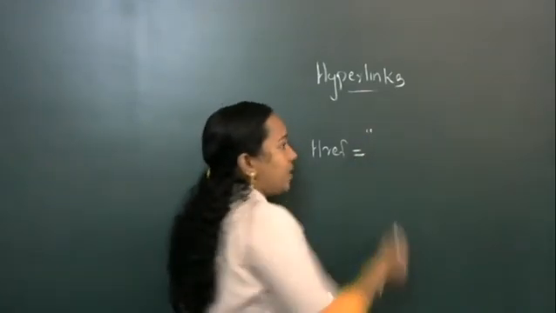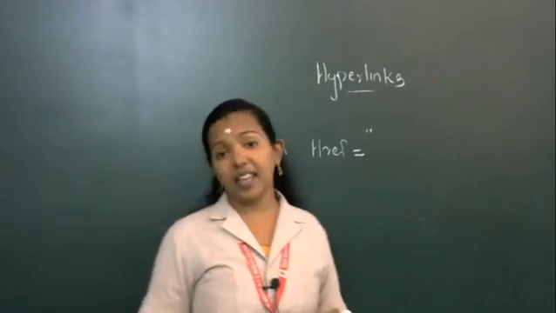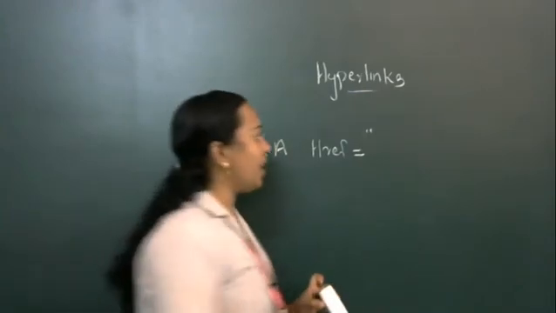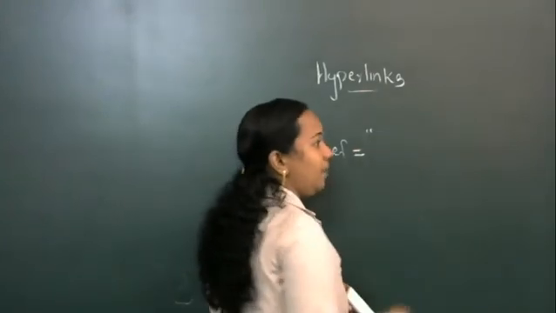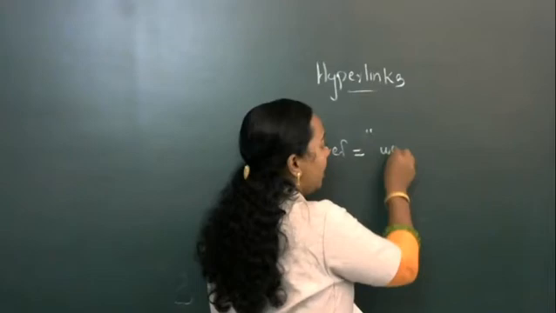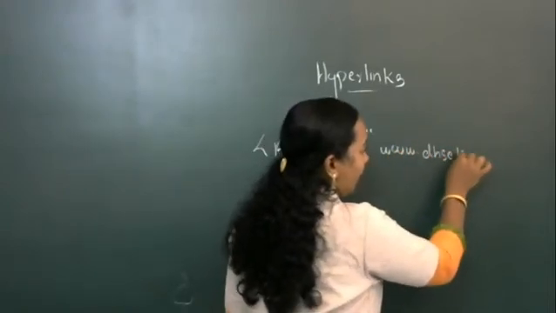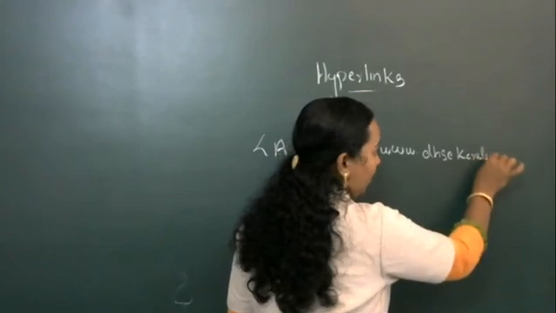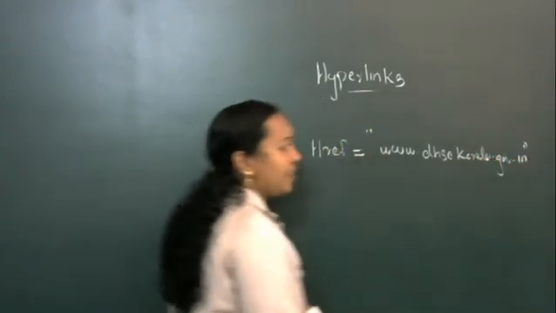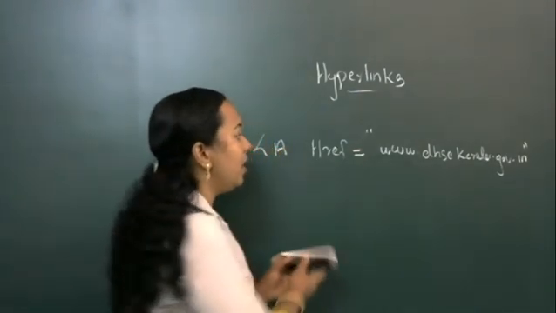For example, suppose I want to include the DHSE Kerala website in my web page. I can write http:// with the full address, otherwise we can write www.dhsekerala.gov.in. That means you write the exact address like this.